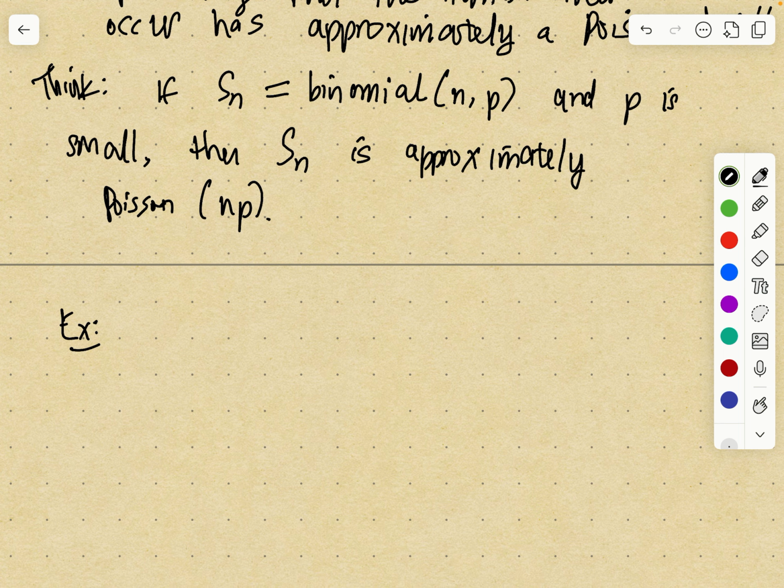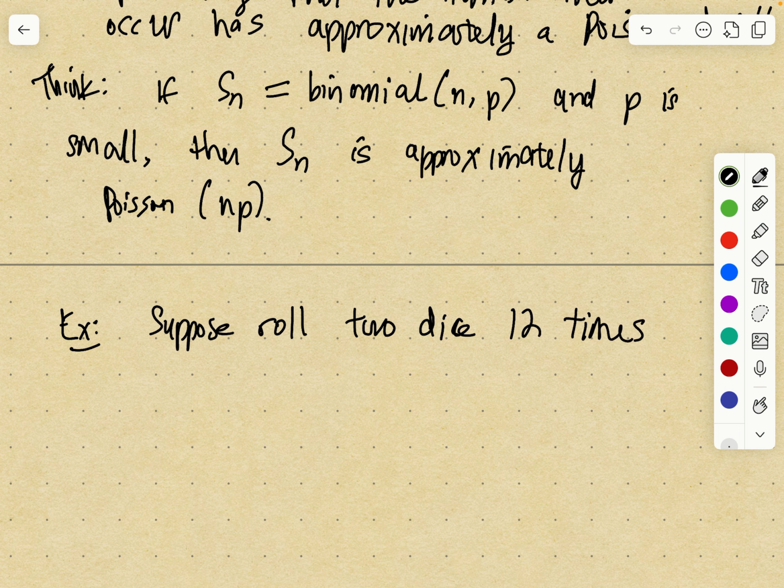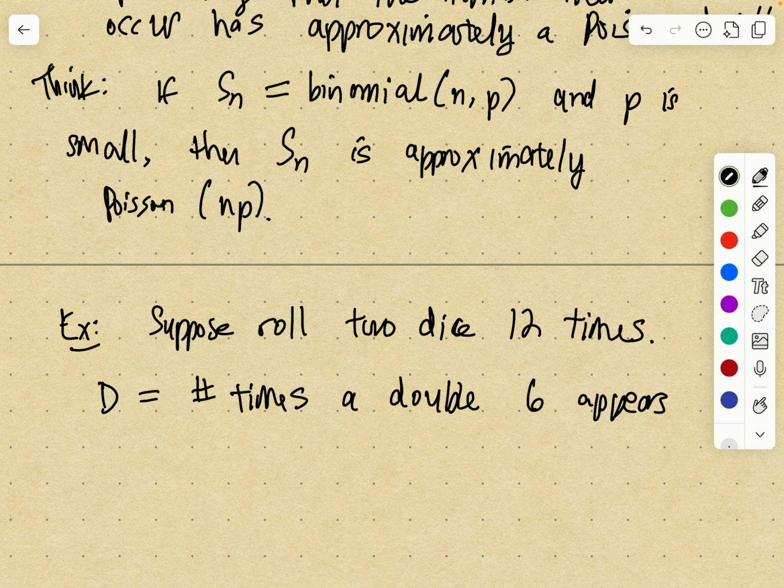So suppose that we roll 2 dice 12 times and let D be the number of times a double 6 appears. So each trial, we're rolling 2 dice, and then we do it 12 times, and we're counting the number of times we get 2 sixes.